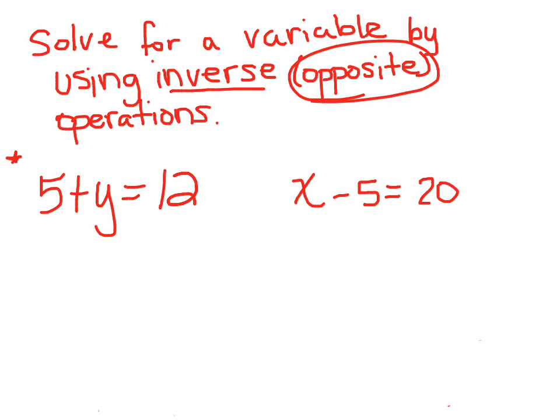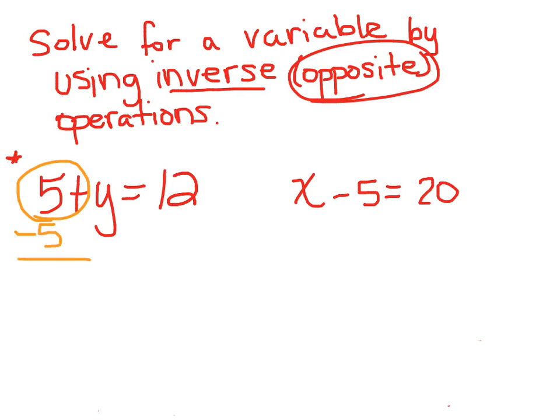What we're going to do is try to isolate the y, or the variable, and keep it by itself. So I have to take this 5 and move it over to the 12. 5 is a positive number, so the only way to move that is to do the opposite of addition, which is subtraction. So we're going to put minus 5.